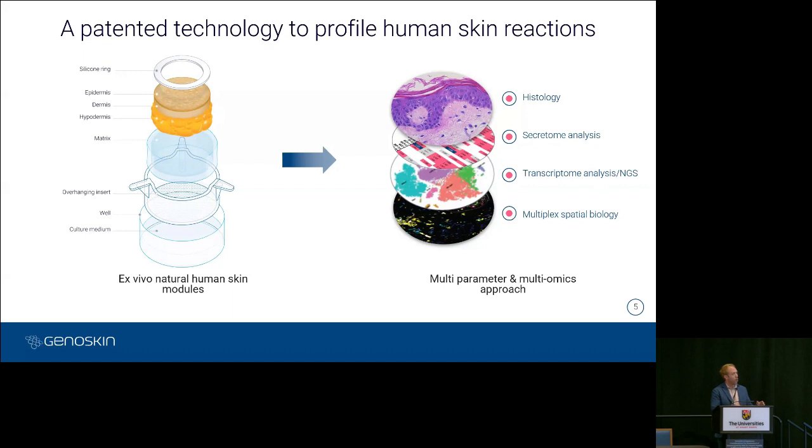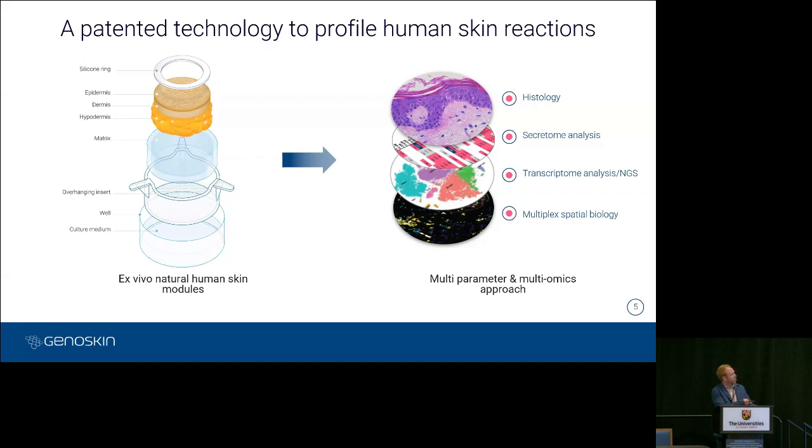So what we do is, from a large skin biopsy, we punch out explants, what we call individual models. They are full thickness biopsies with the hypodermis, the dermis, and the epidermal layers. Keeping the hypodermis is also super important because it's full of nutritive elements and it's also full of immune cells.